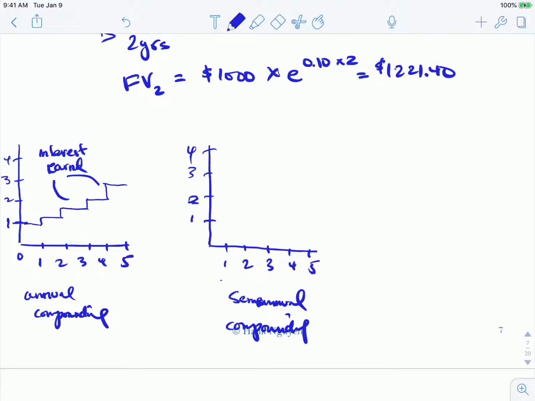We start with 1, but every half a year it changes. All these steps are interest earned.